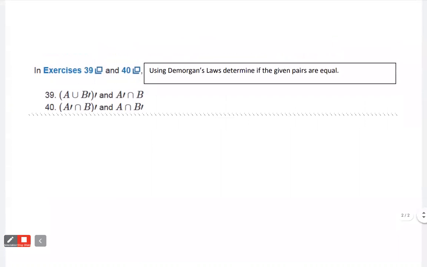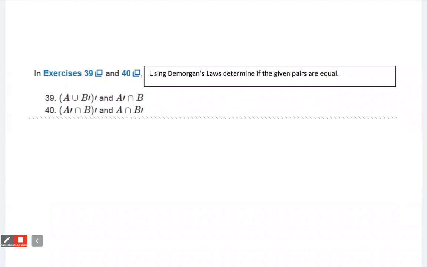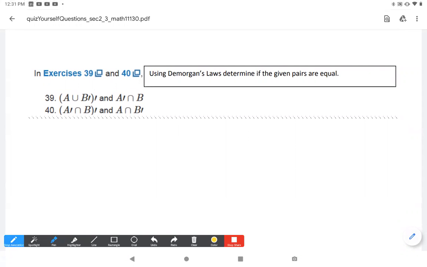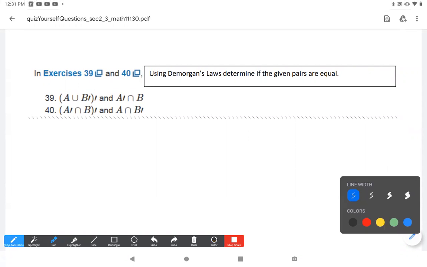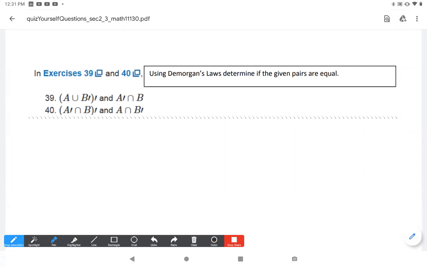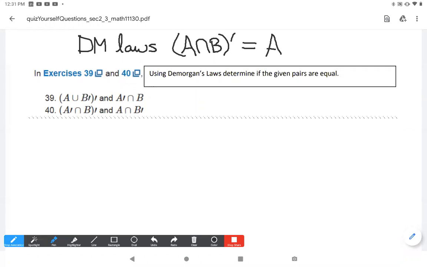So remembering what De Morgan's laws are and then using them, we have the one we saw above: if we intersect two sets and then take the complement, that's the same thing as taking the complement of each set and unioning them.